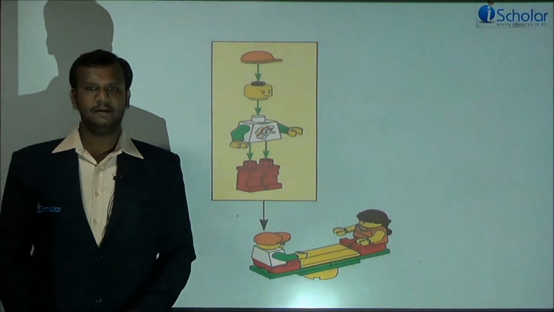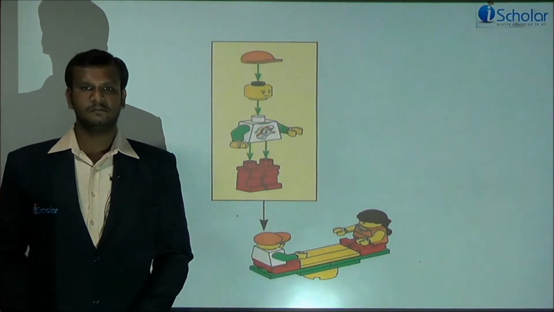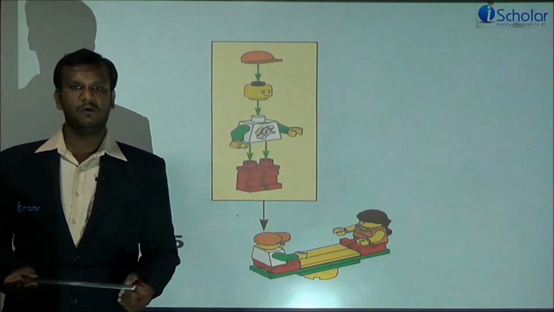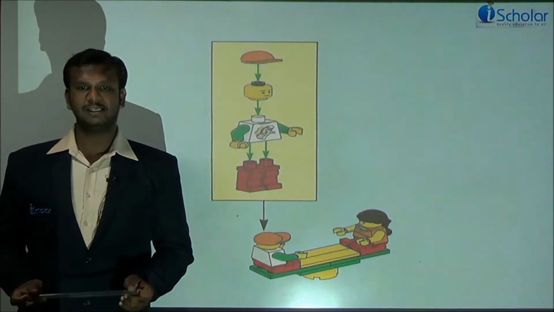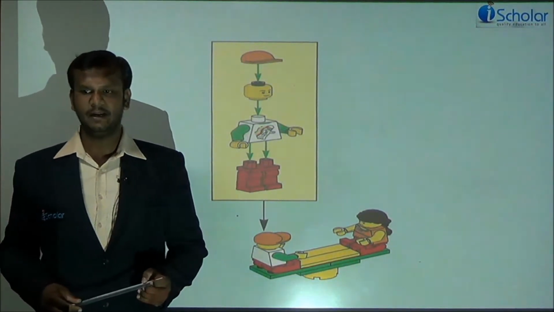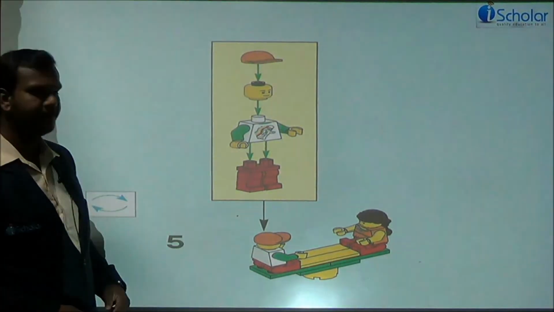So have you all completed? Yes, almost we have completed, and this is the most important step. We have to assemble the dolls like you people. Fine? So can we assemble? Yeah.